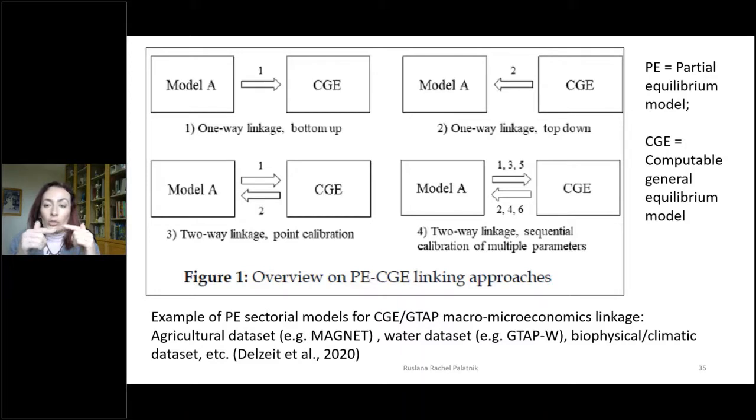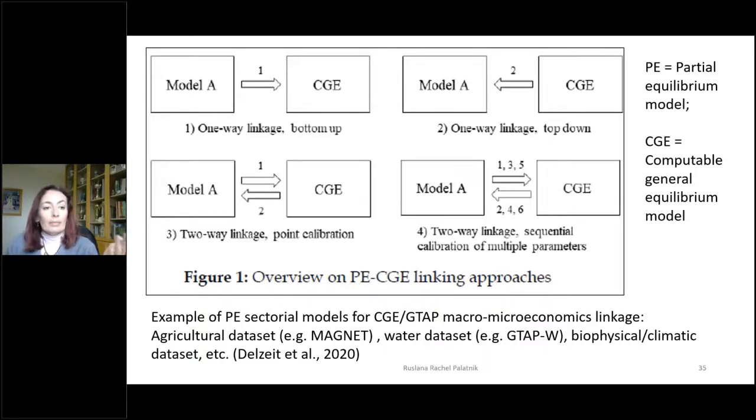This loop should go until the results converge. Or there can be a sequential calibration of multiple parameters between the models.